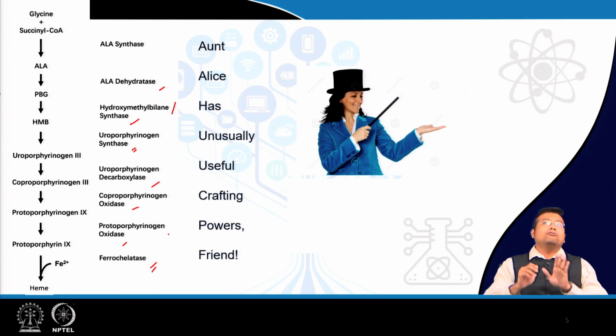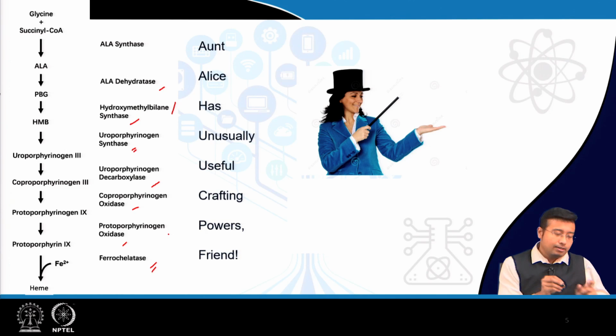Why are we stressing so much on remembering all of these products in sequence and all of the enzymes? Because this is very important. In any metabolic disorder, what we will be studying today is the disorder of these enzymes. Any enzyme, if it gets deficient or has low activity, the product before that will get accumulated and the product after that will be deficient.